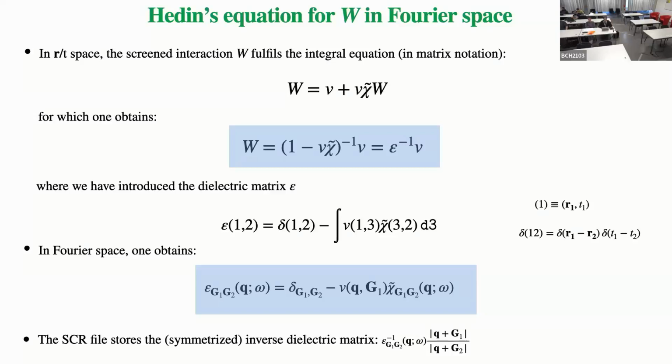Once you have the polarizability chi, you build the dielectric matrix epsilon, but we need to invert this matrix, and this is done in Fourier space, in the frequency domain. Once we have the inverse dielectric matrix, this is the quantity that we store in an external file. So here we are inside driver 3, the calculation of the polarizability, which ends with this matrix inversion, and then the results are written to file.